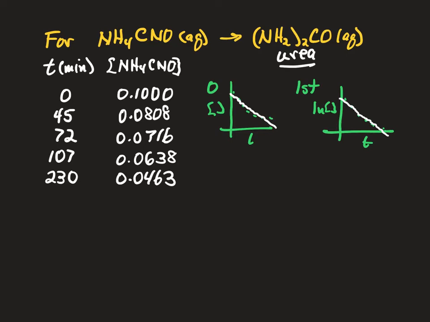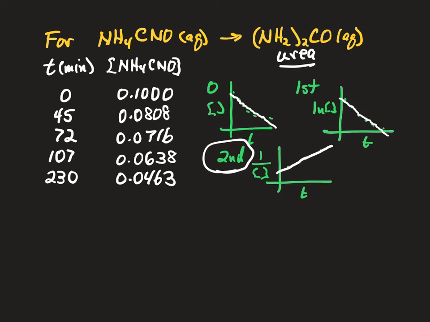So I went to the second order process, where I plotted 1 over the concentration of my reactant versus time. And on that one, I got a nice straight line. And so I was confident then that it was second order.